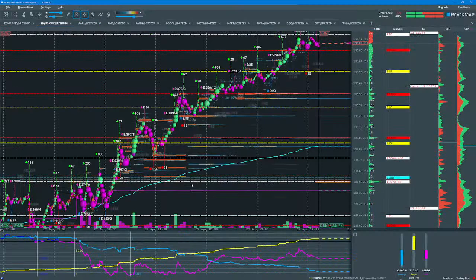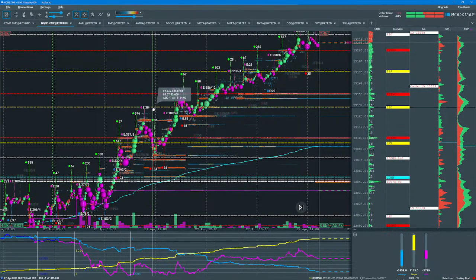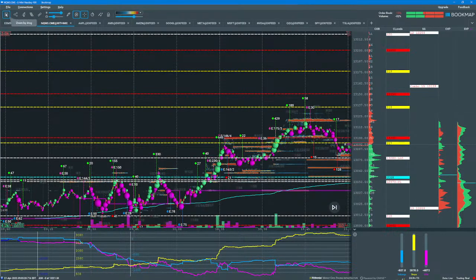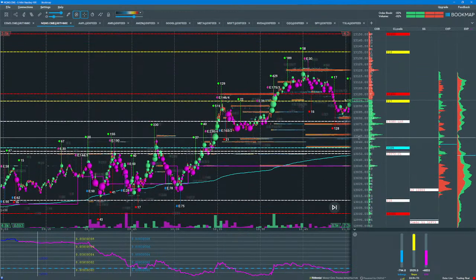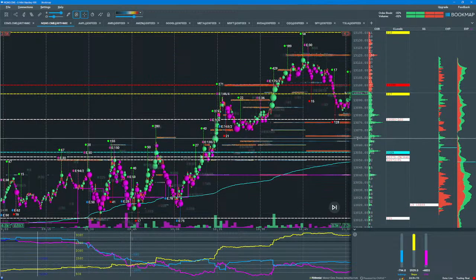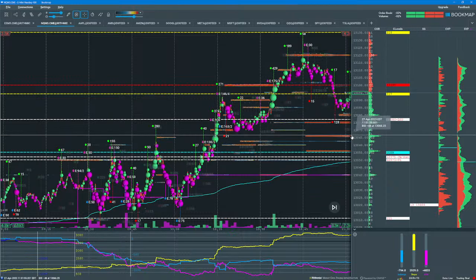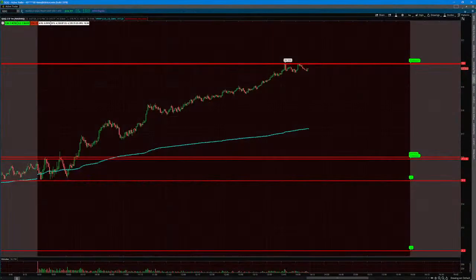Let's go back to Bookmap. I'm going to zoom in here. First of all, to the morning. Then we'll stop about 11 o'clock. And note that I mentioned this before on the QQQ chart.